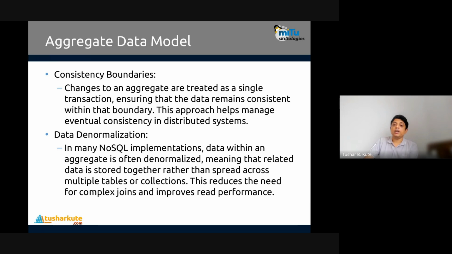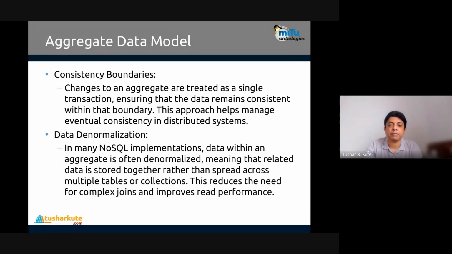It means that related data is stored together rather than spread across multiple tables or collections. This reduces the need for complex joins. We know why we use joins: because data is present in different tables, so you have to join them to combine a common result. And second, it improves the performance of the system, the reading performance of the system.